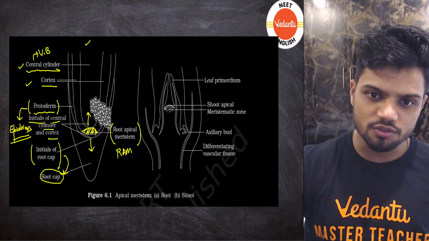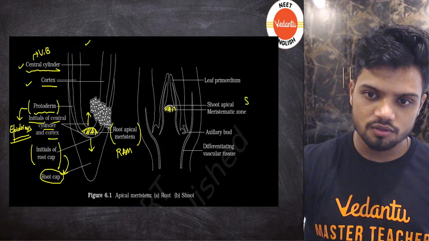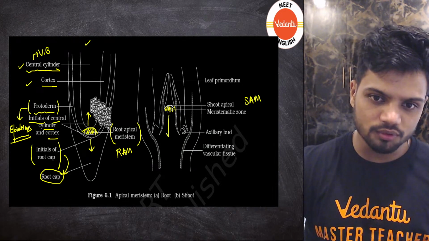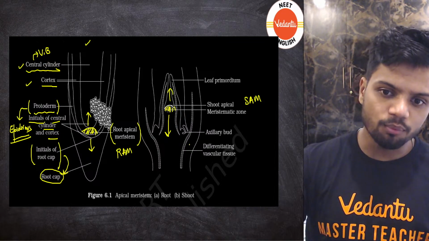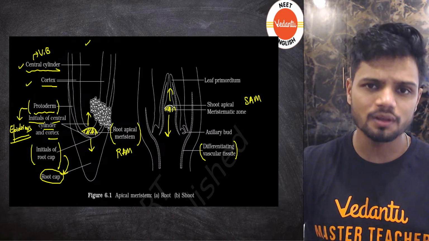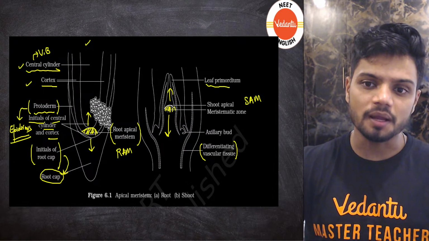Now we will see this diagram. Here we have something called the shoot apical meristem. Yes or no? Shoot apical meristem, SAM. The SAM will divide on both sides. On the bottom side, it will make the differentiating vascular tissues, normal xylem and phloem. On the top, it will make something called leaf primordia.